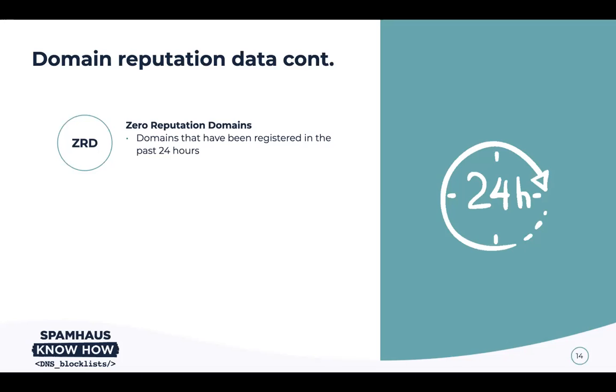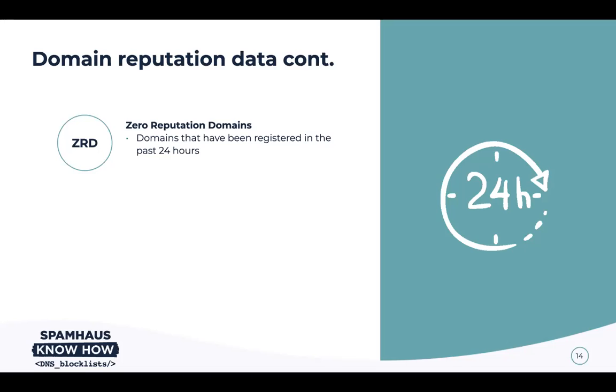The moment you see these being used in email as a sender or as a hello, it is almost certainly bad, and any mail that uses a domain in that way should be treated differently than what you would normally do. So that is really the use case of very new domains.